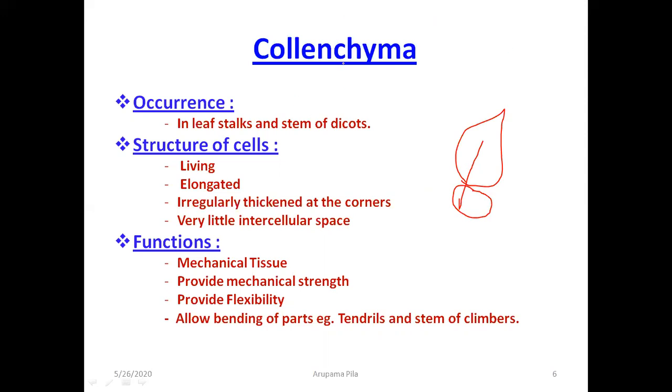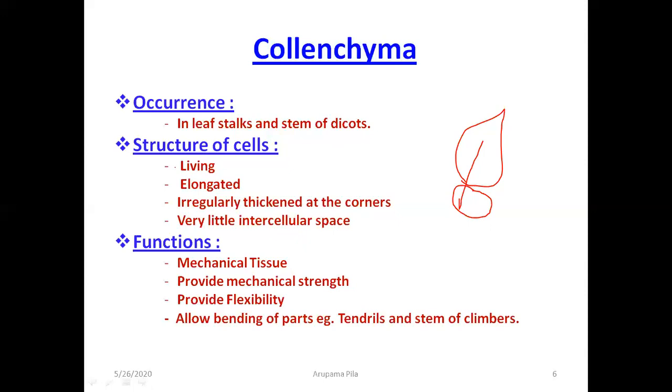And it is also present in the stem of dicot. You know what is monocot and dicot. Dicot means seeds having two cotyledons, and monocot means seeds having only one cotyledon.